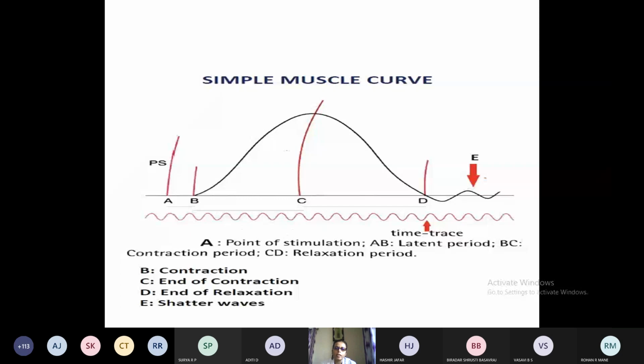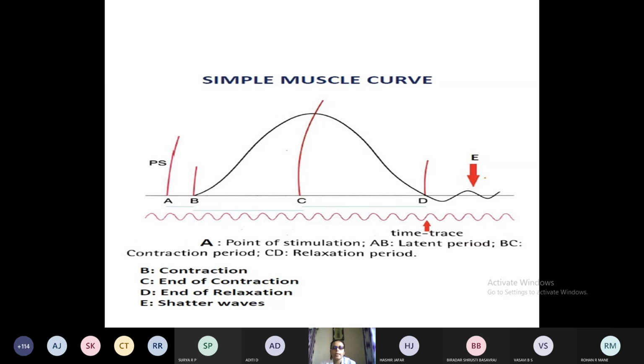It means that whenever you supply the threshold stimulus to a component, the stimulus will function and it will take some time. That time is called the latent period. The muscle itself, along with the nerve, is preparing to respond to the stimulus.